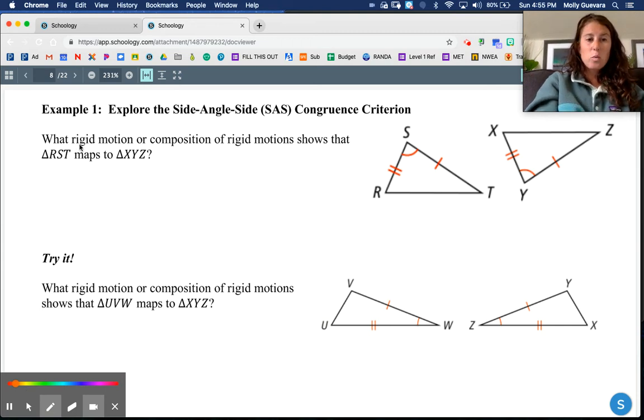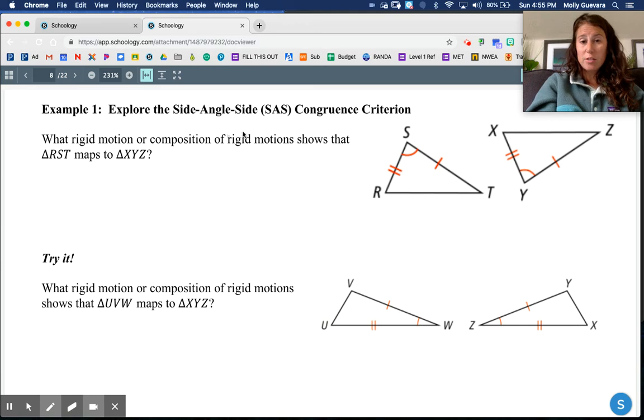But this says, what rigid motion or composition of rigid motions shows that triangle RST maps onto triangle XYZ? So how can I get this triangle to line up perfectly with this triangle? And there's a lot of different ways that you can do this, right? Just like we talked about in 4.2, right? The ways that I did it on the video aren't necessarily the only ways to do it.